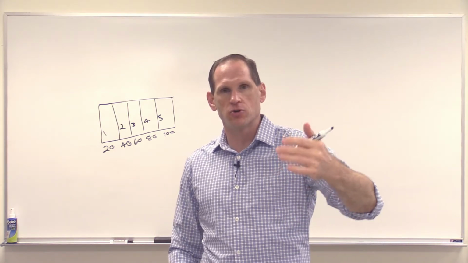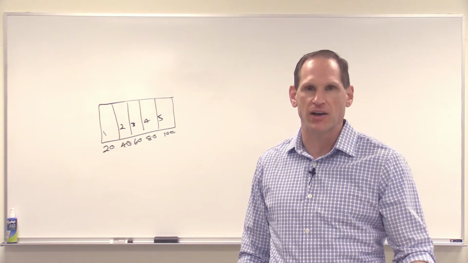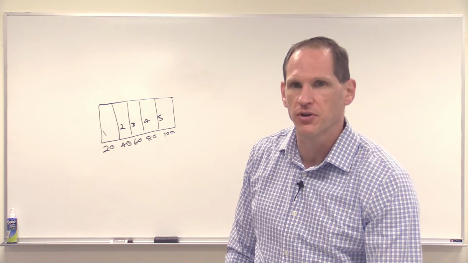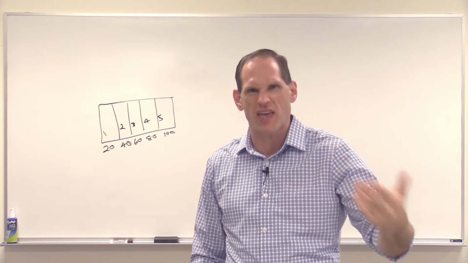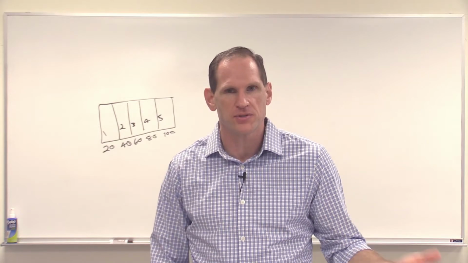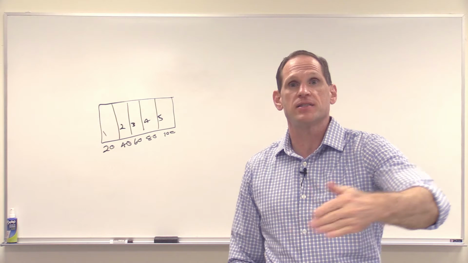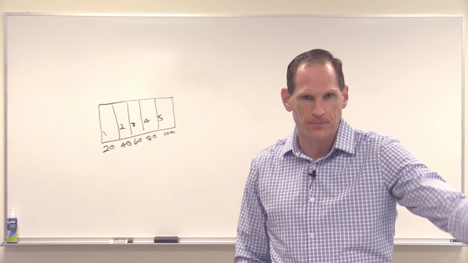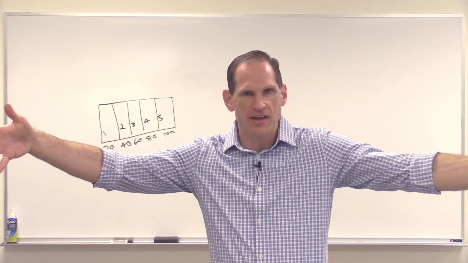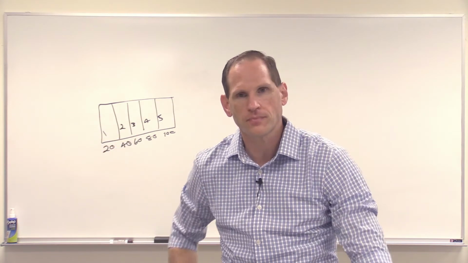And if you broke it up into groups of 1% each, then you would get percentiles. So for those of you who ever took the GRE or the ACT or the SAT, and you got a score like say 60th percentile, what that means is you scored better than 60% of the other people. So what we've done in this case is we've taken numerical data and turned it into ordinal data.